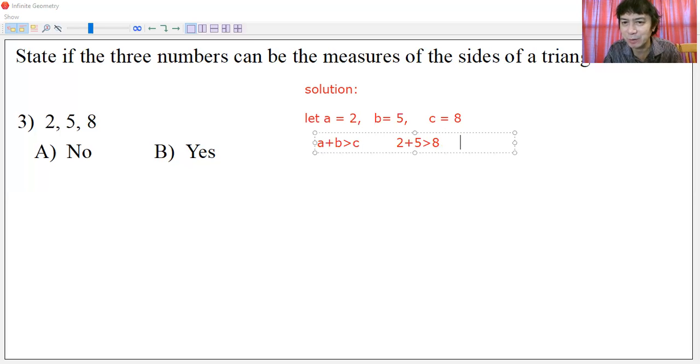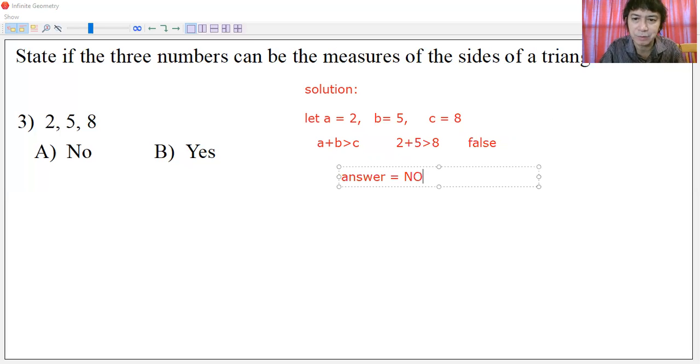Is 7 greater than 8? That looks like false. One false makes our answer false. That means no. It's not a valid triangle. So we will settle for the answer no.